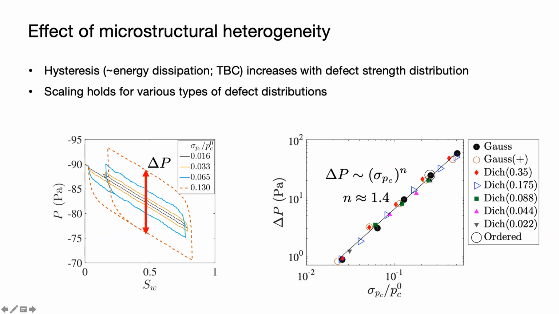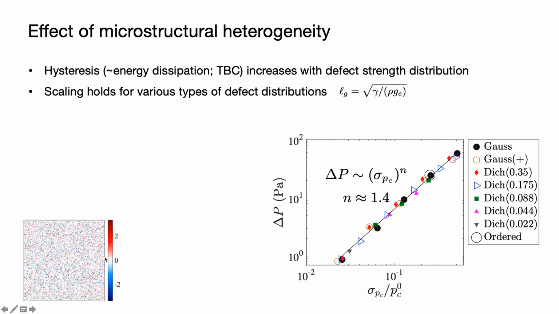The black circles here are the Gaussian distribution. And you can see that they fall nicely in a log-log plot on a straight line. So you have this power law behavior with an exponent that, surprisingly, is identical or very similar for a wide range of distributions of defects. So we get this Gaussian, again, for different standard deviations.